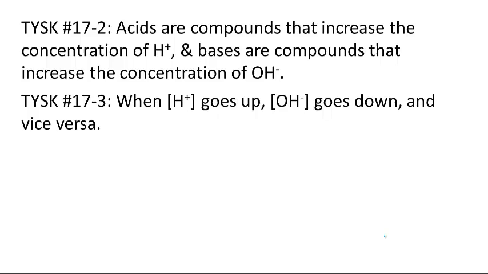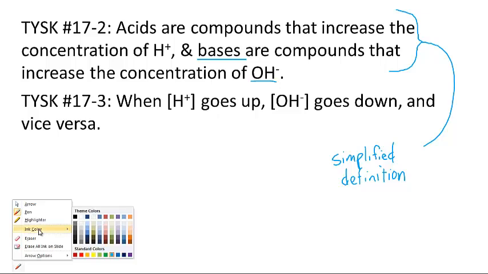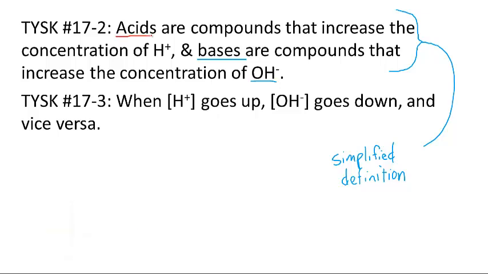When you think of acids, I want you to think of this really simplified definition: acids are H plus, bases are OH minus. So that should be the first thing you think of. Acid, H plus; base, OH minus.